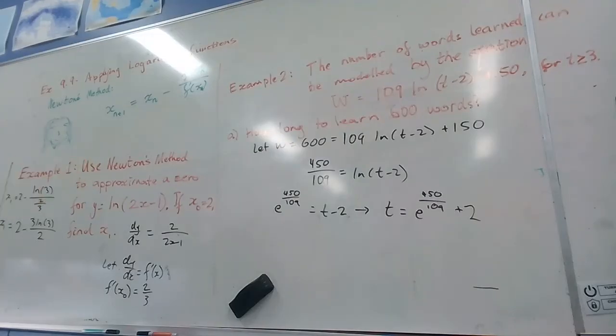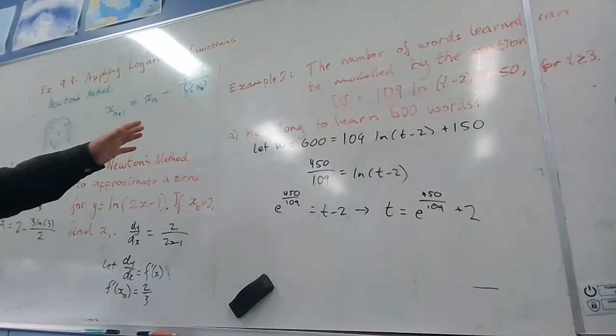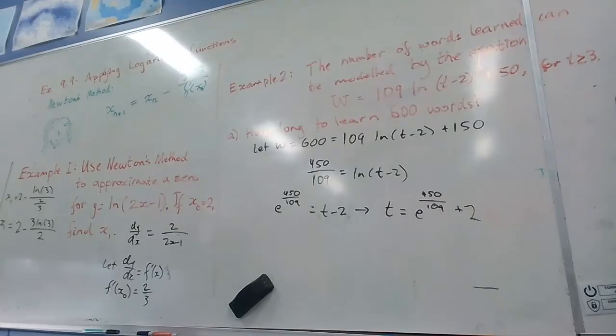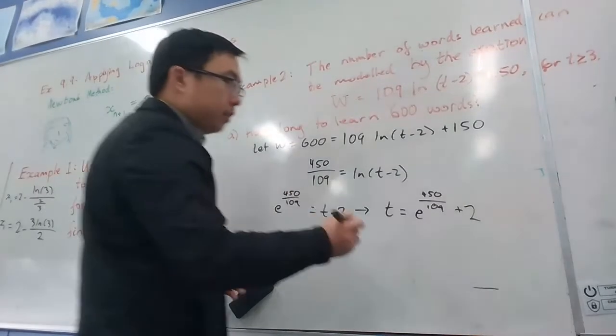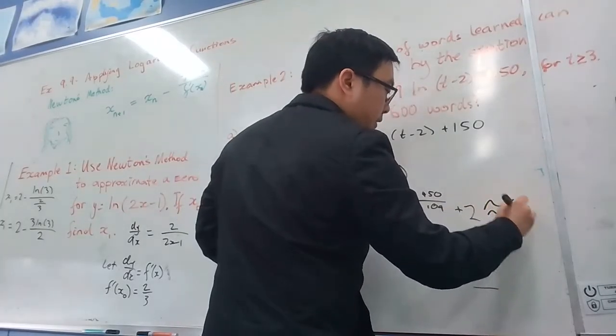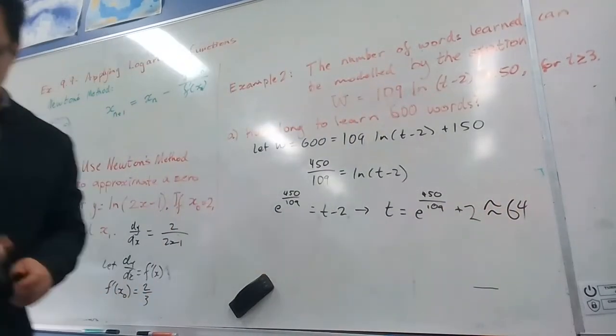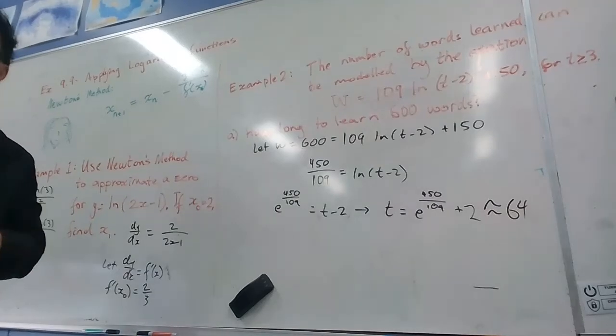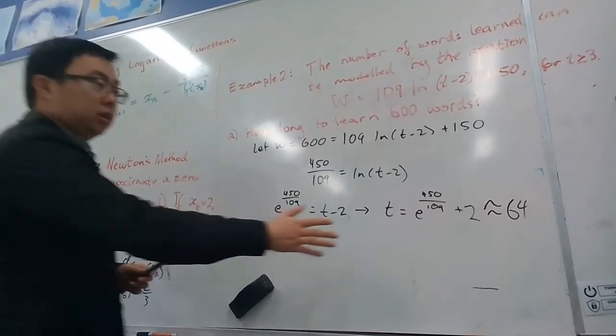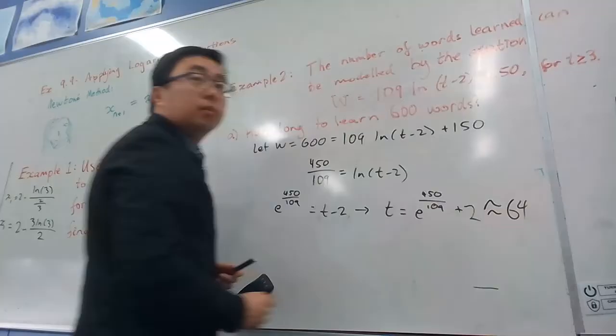Is it the handwriting that's a bit bad? Is it legible? Approximating this again gives you about 64, but that's an unnecessary step. This should be expected to be done without a calculator, not that part. Everything else but that, approximately 64.